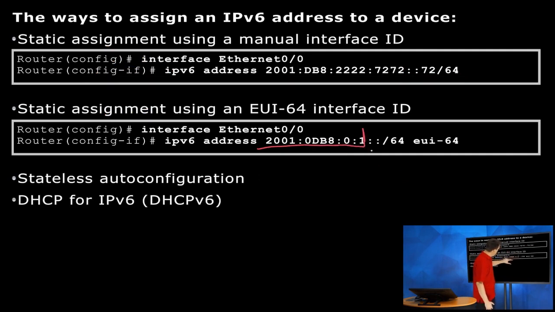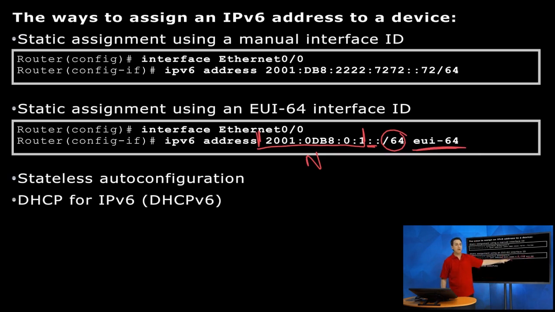So here we have 4 successive fields, and as a result of that, that is our network portion here. And we're dealing with a /64 prefix. Here it says just double colon. So what that means is all zeros. So I am not assigning that interface portion right now.